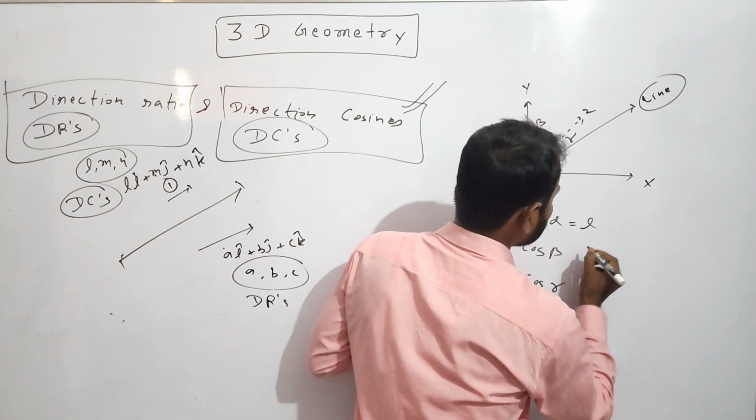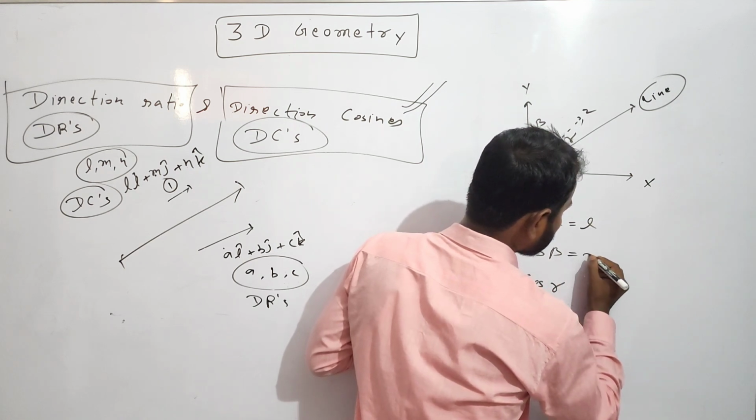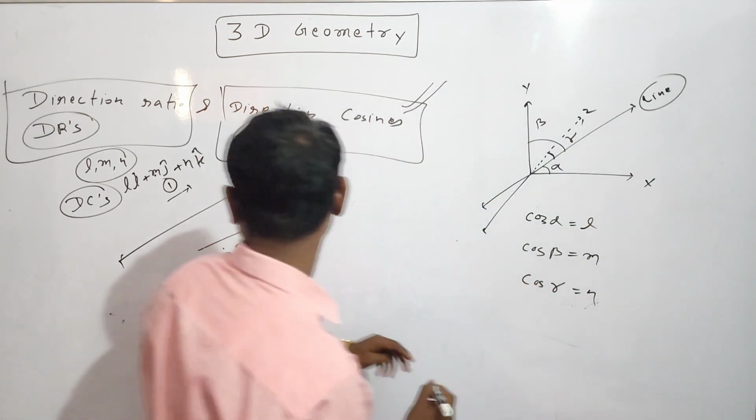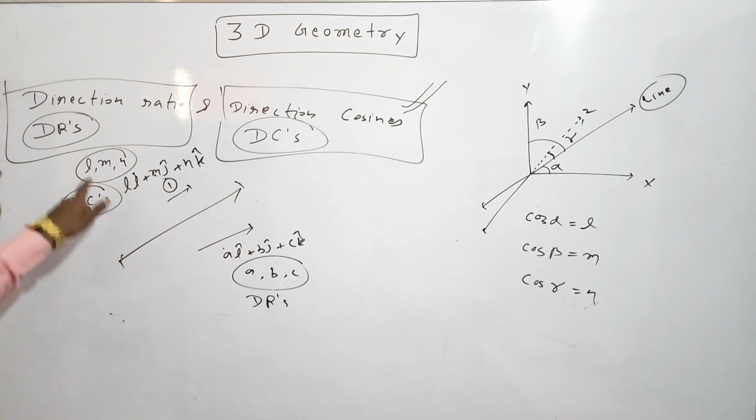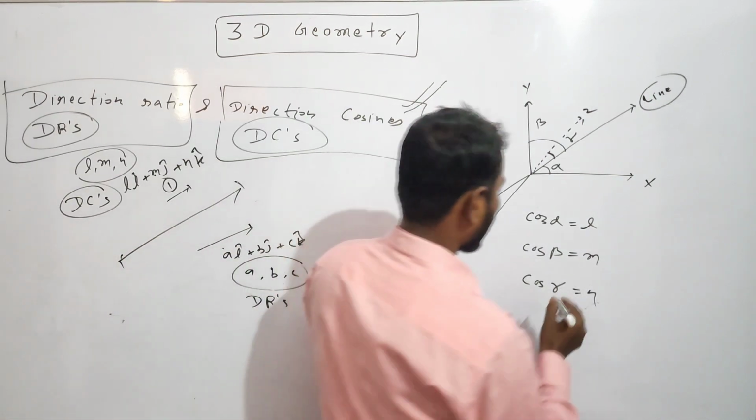Generally, we write this as l, this as m, this as n. Both are the same thing.